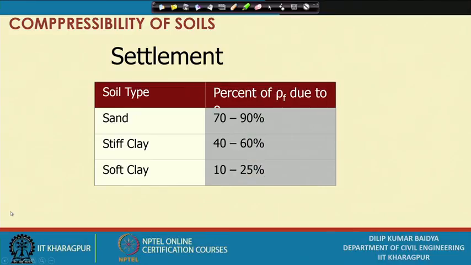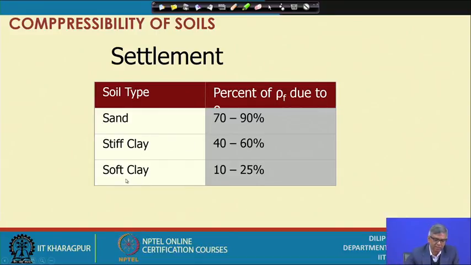let me see the mechanism of consolidation, how it happens. Before that, since I am talking about consolidation settlement, and I have also mentioned elastic settlement, in comparison to this, different soils will have different types of settlement, and we can classify three different types of soil, that is sand, stiff clay and soft clay.